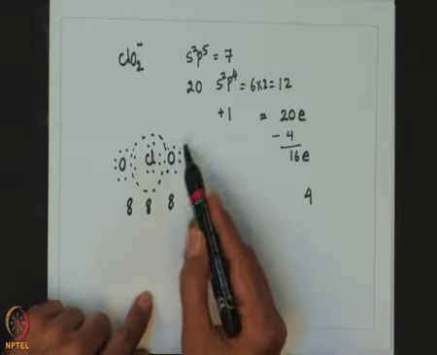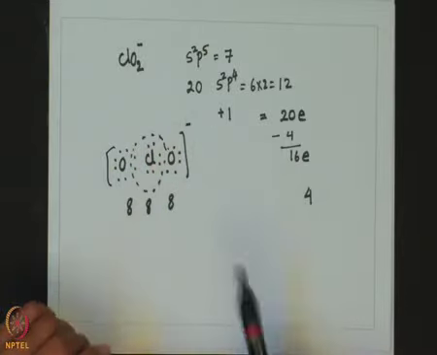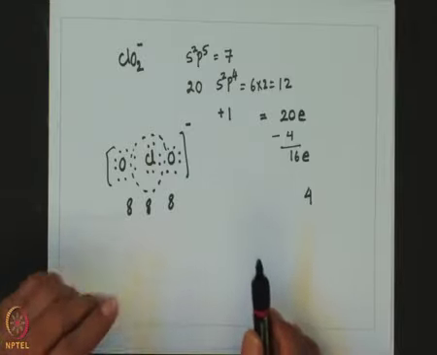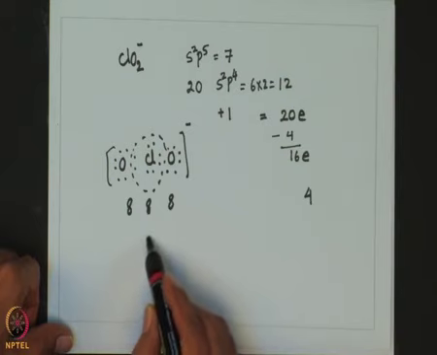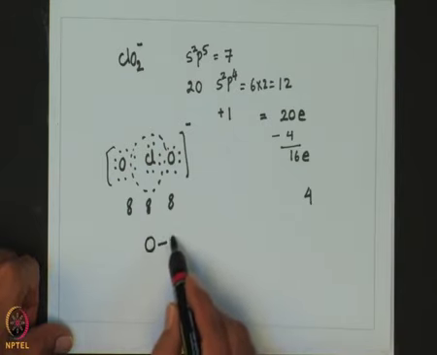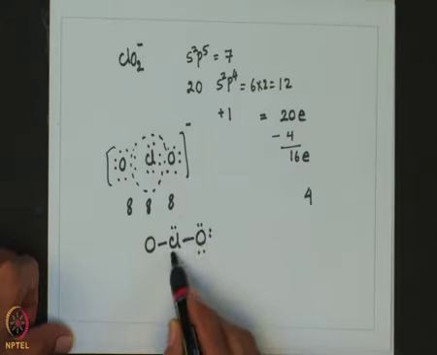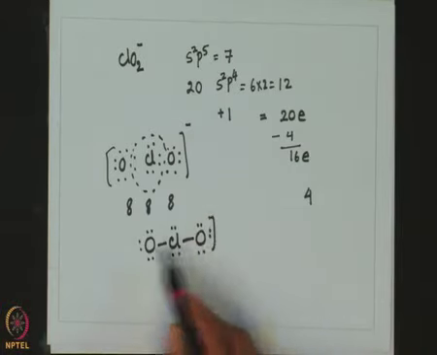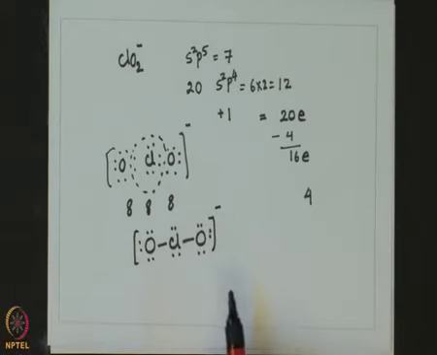This is how one can write the Lewis dot structure for ClO2 minus, and that means, in ClO2 minus, the octet structure or Lewis dot structure successfully explains the bonding. So, one can write in this fashion also. This is the Lewis dot structure for ClO2 minus.